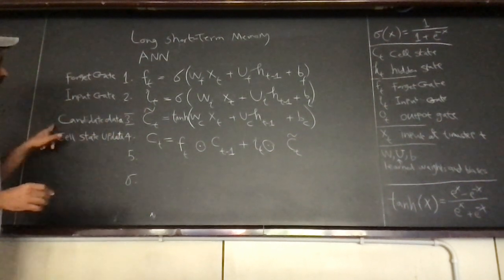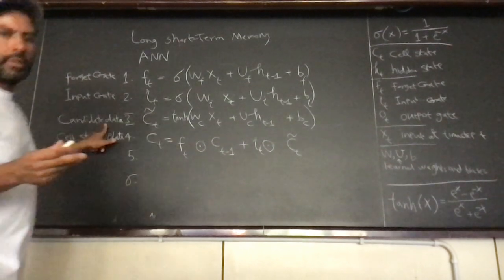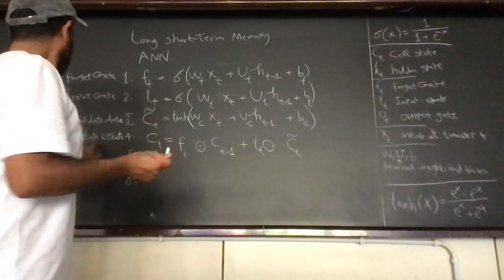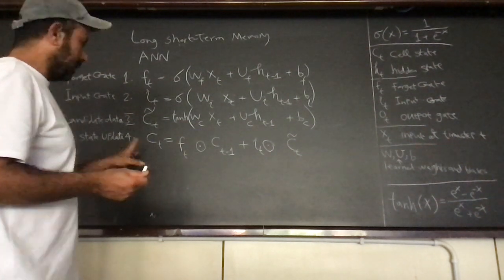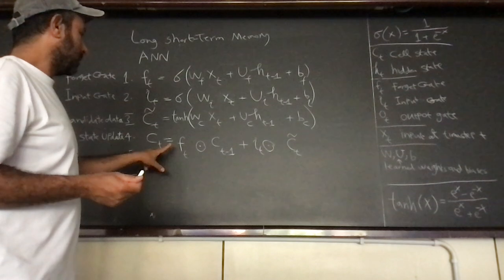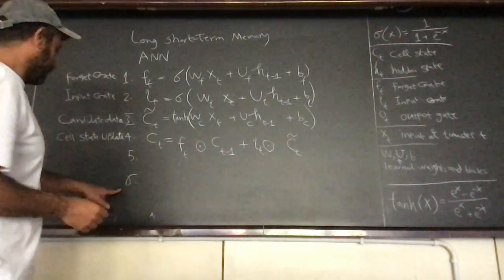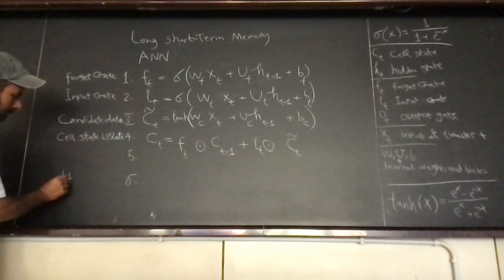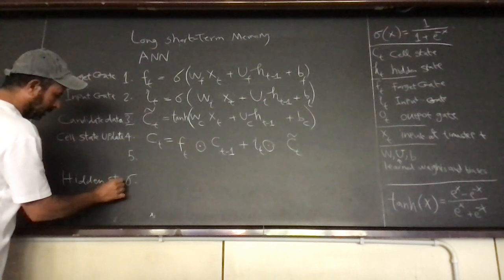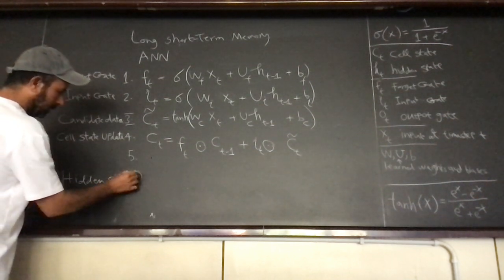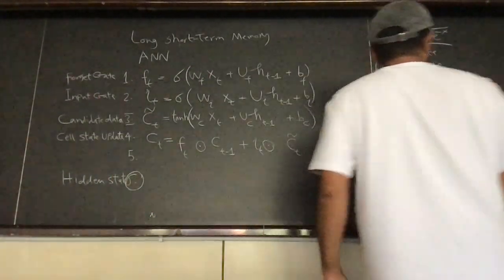We started with the candidate data, the new data, and we also have the cell state data. Now we need the hidden state. This is equation number 6.